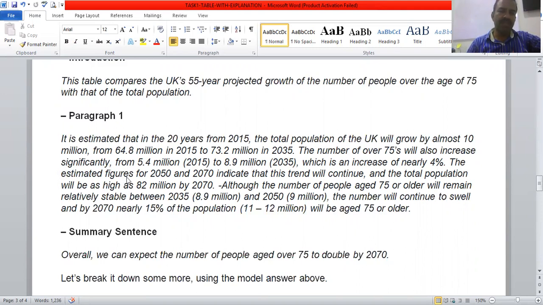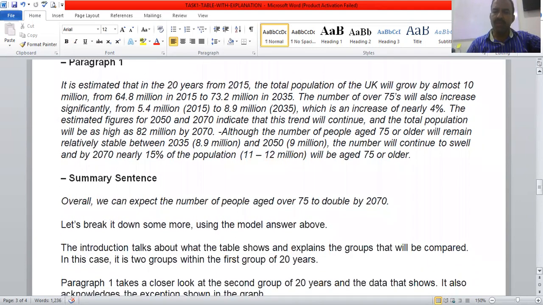The estimated figures for 2020, 2050 and 2070 indicate that this trend will continue, and the total population will be as high as 82 million by 2070. So you can see in the table, as I have already shown.